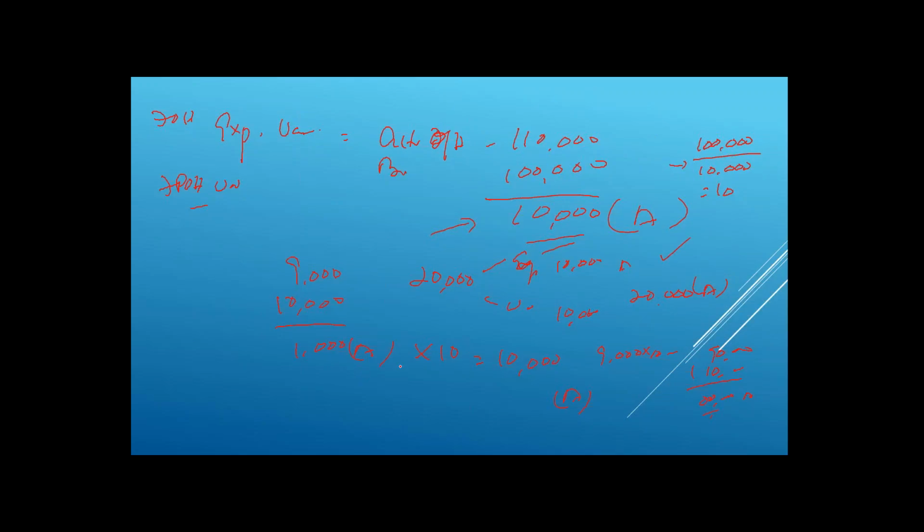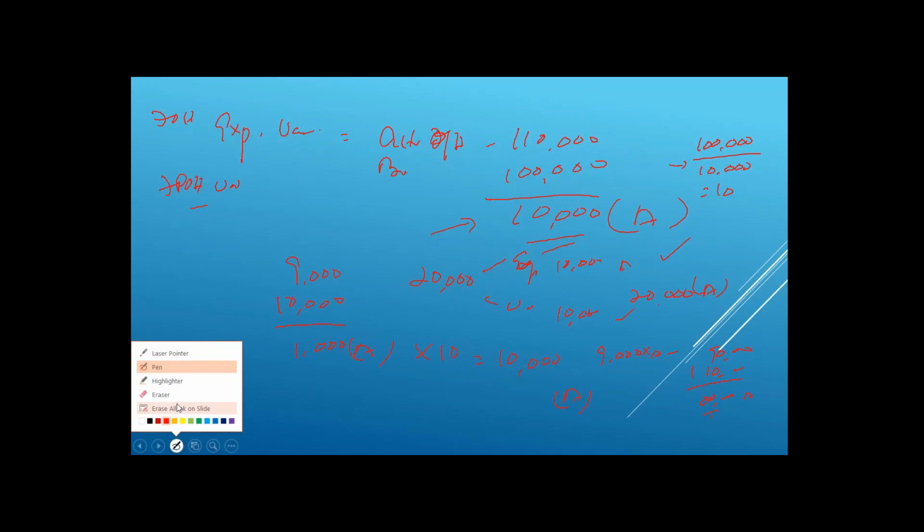We are short by 1,000, multiplied by the standard overhead absorption rate, and we get the variance. So that's how the fixed production overhead variance is analyzed. The total variance is the over-absorption or under-absorption, which is analyzed further into two areas: expenditure variance and volume variance. So that's how we apply the variances here.